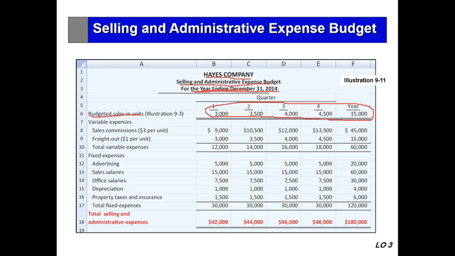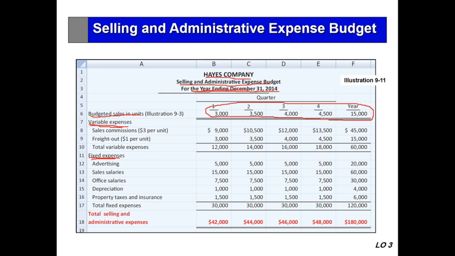Here we distinguish between variable expenses and fixed expenses. For selling and administrative, as we said about the manufacturing overhead budget in the previous video, we classify the costs into variable and fixed.